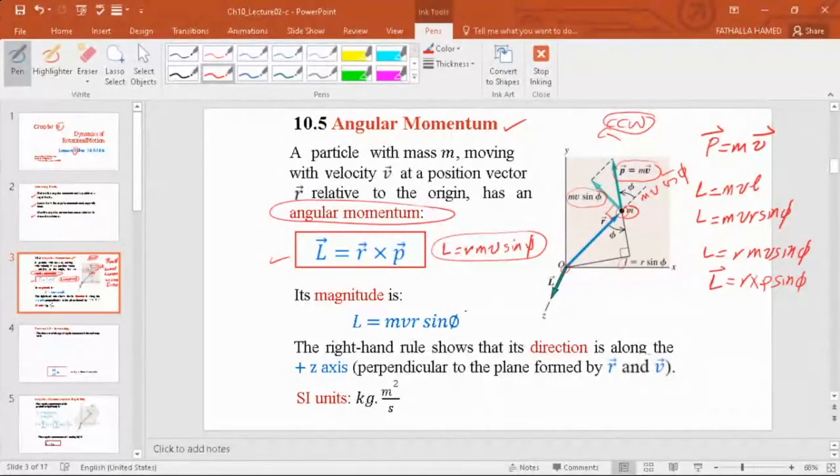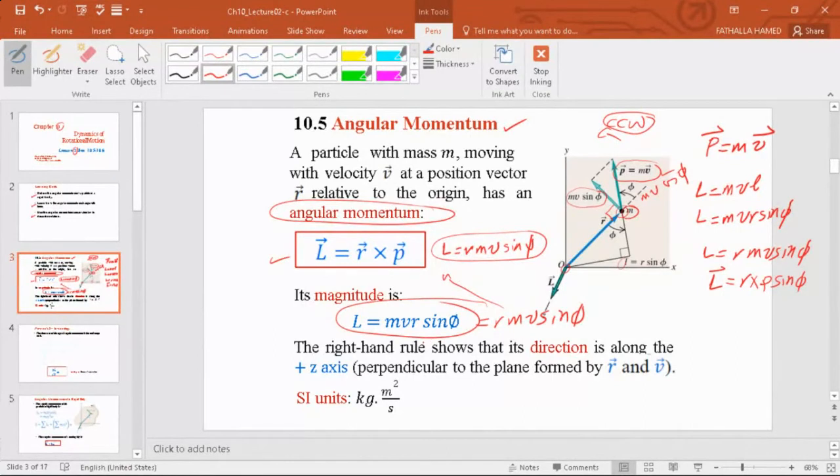Now, so the magnitude is going to be r mv sine phi, or you can write it as mvr sine phi if we just want to look at what we have here in the diagram. But if you rewrite this as r mv sine phi, then basically we get the angular momentum is equal to r cross p.